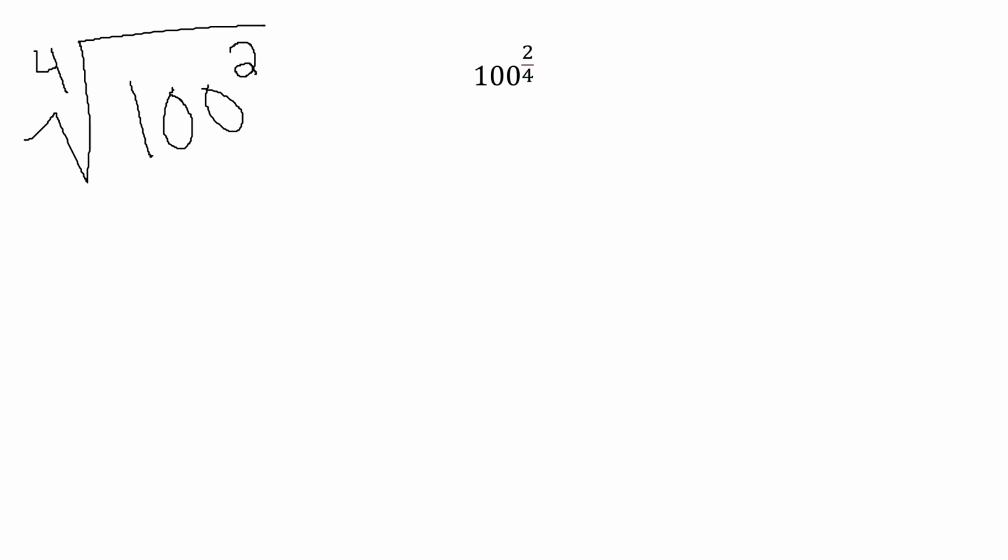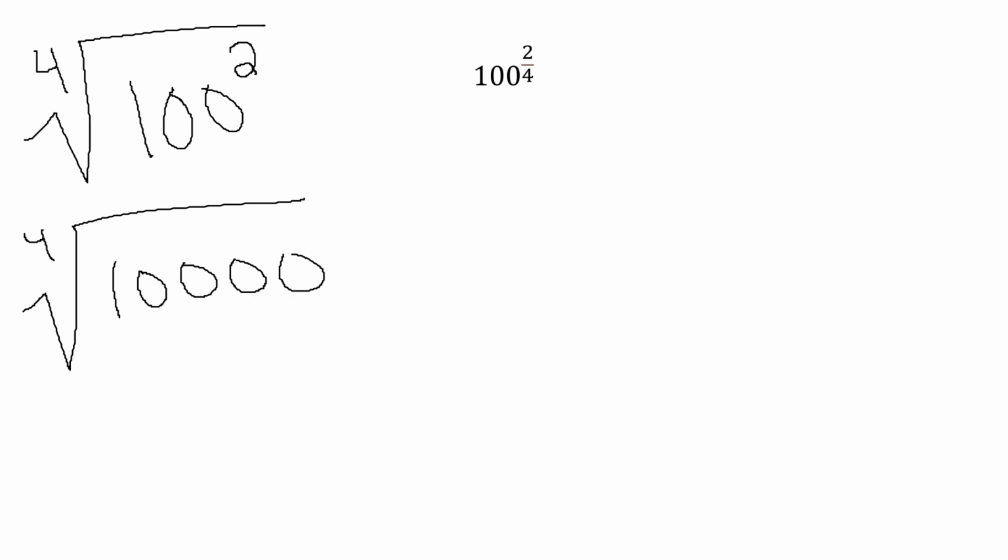So we're going to solve under our radical first, which is 100 squared, 100 times 100 is 10,000. Now I need the fourth root. Before I begin to break it all down, see if there is a 1, 2, 3, fourth root. And in this case there is, so the answer is just 10.